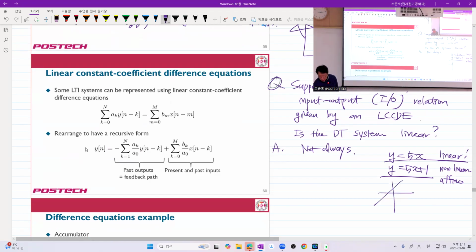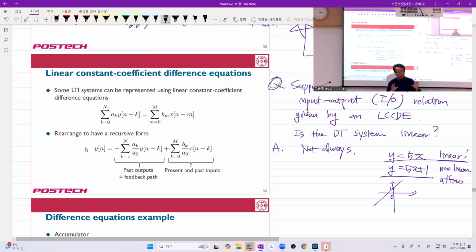And this one has non-zero output when input is 0. So precisely speaking, y equals 5x plus 1 is not a linear relation, even though we usually say it's a linear equation. Something similar is happening here.